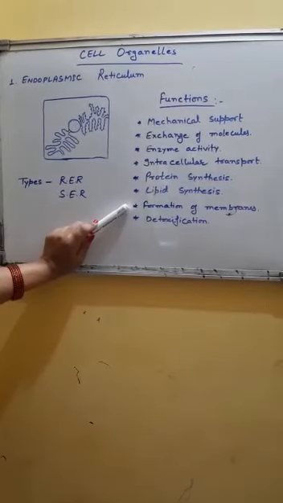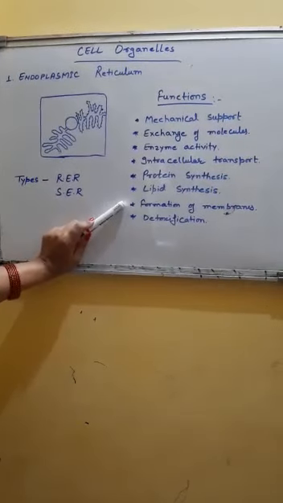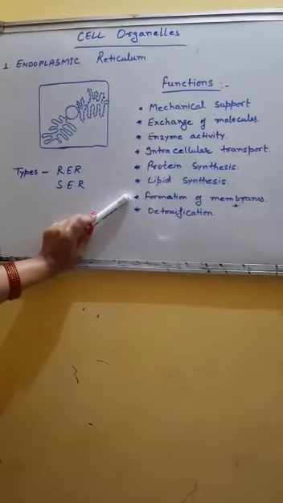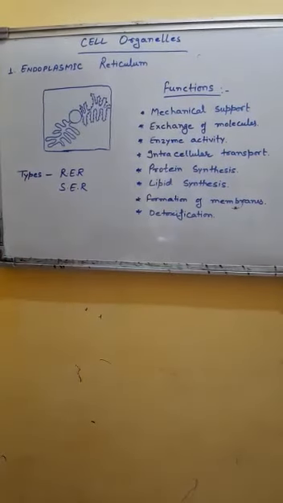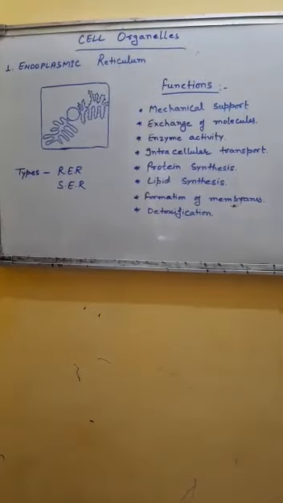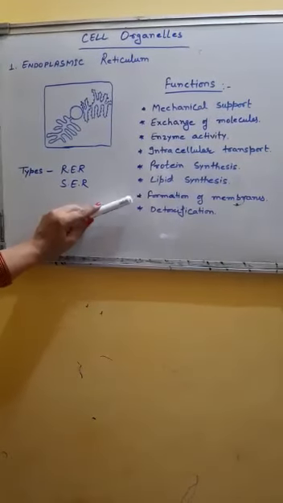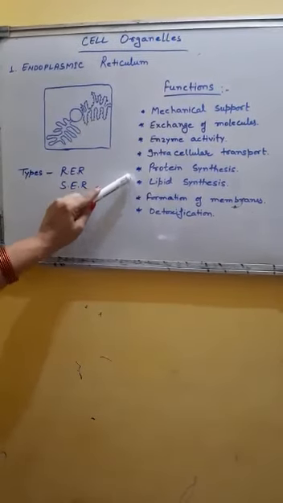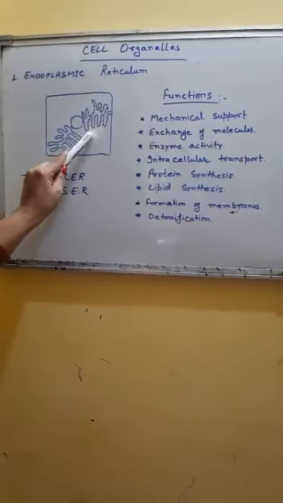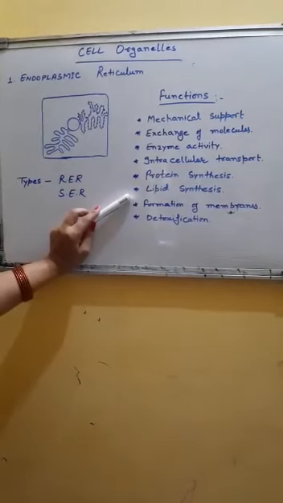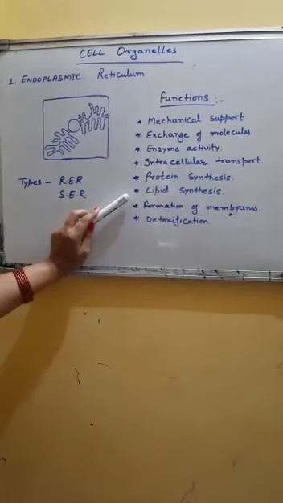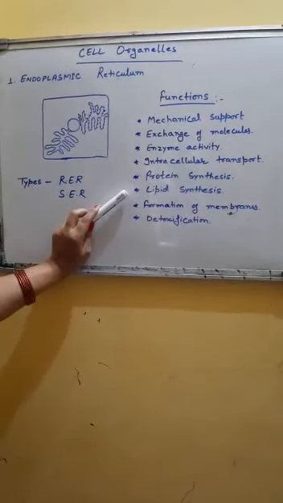Endoplasmic reticulum is again responsible for formation of membranes. As we know, cell membrane, nuclear membrane and different other membranes have lipid and protein as their components, and this lipid and protein is being prepared inside the endoplasmic reticulum. So in that way it helps in formation of various membranes inside the cell.